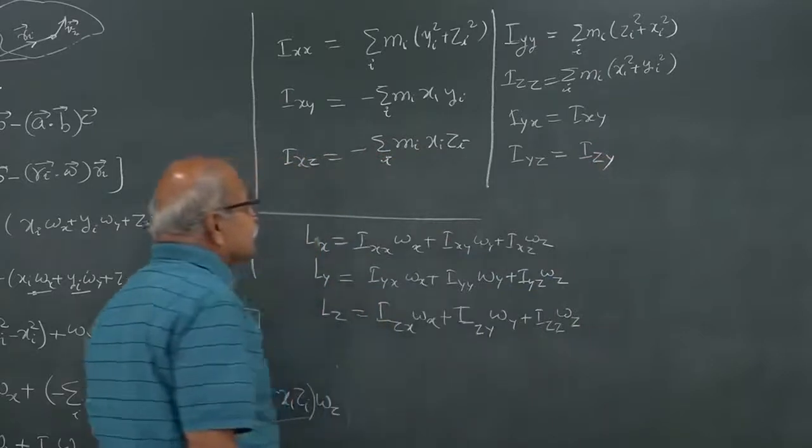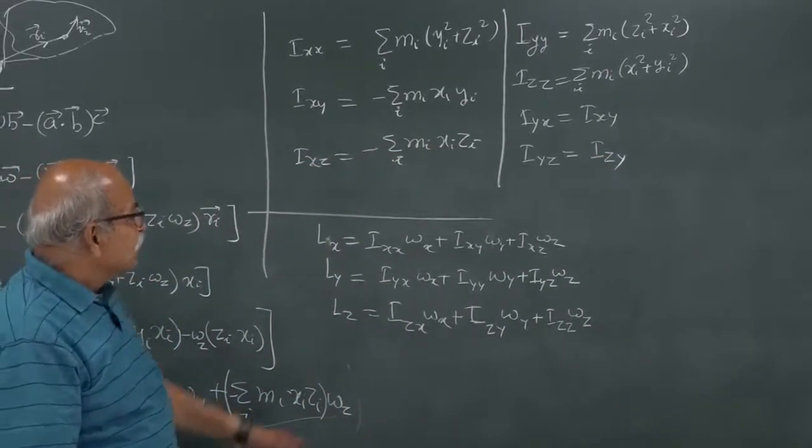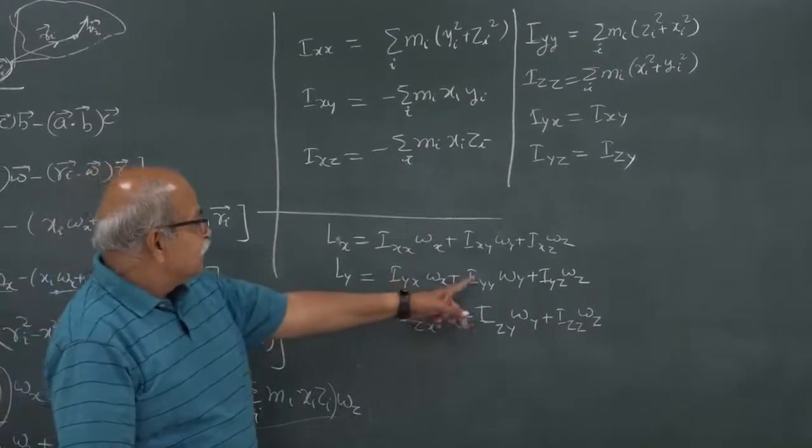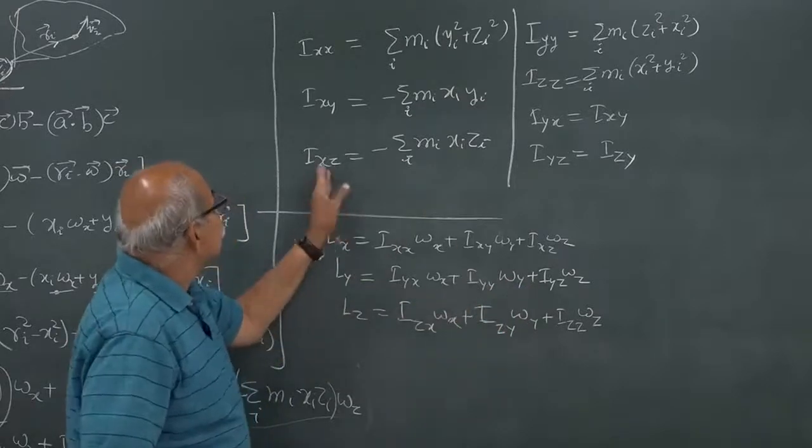So, everything goes over: 1, 2, 3, 4 new symbols, Iyx I have written, Iyy I have written, Iyz I have written, and then okay, that was not written here, okay fine.